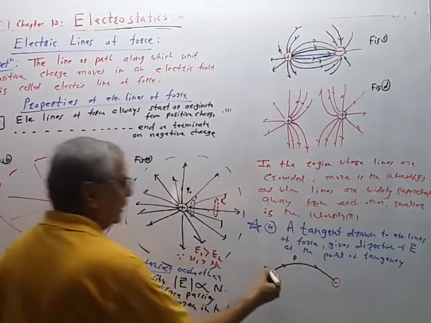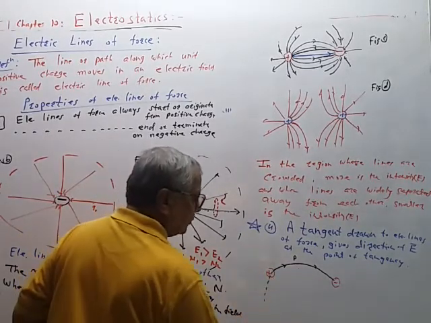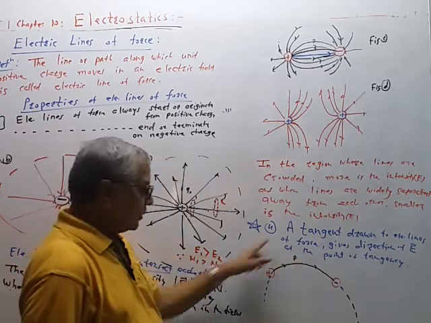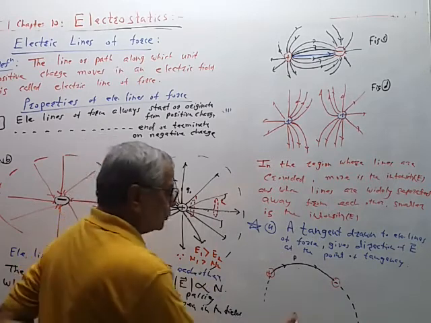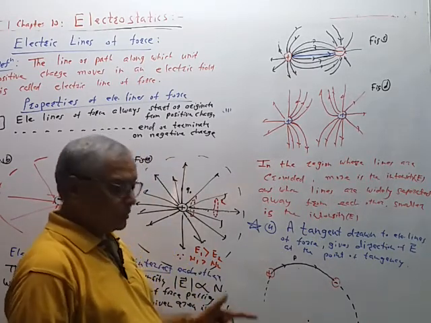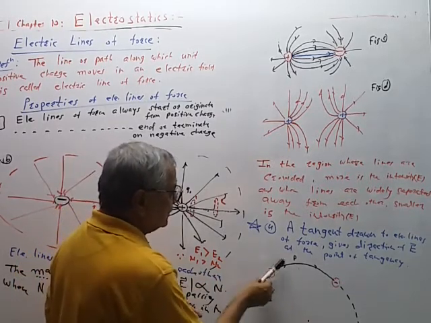Now if we see this portion, this is an arc of this imaginary circle whose center may be here. Now we can draw the tangent to the circle. At this point the tangent is like this, at this point the tangent is like this.